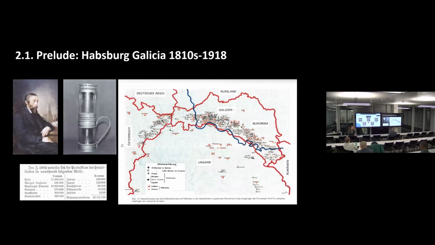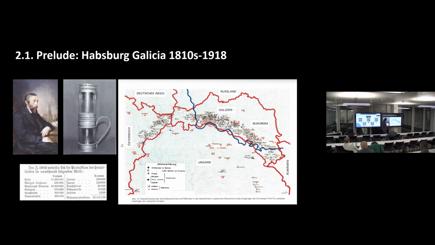But first, I need a small prelude, because the Austrian oil industry actually has its roots not here in the Vienna Basin, but in what is now Ukraine, but what belonged in the 19th century and until the First World War to the Habsburg Empire.